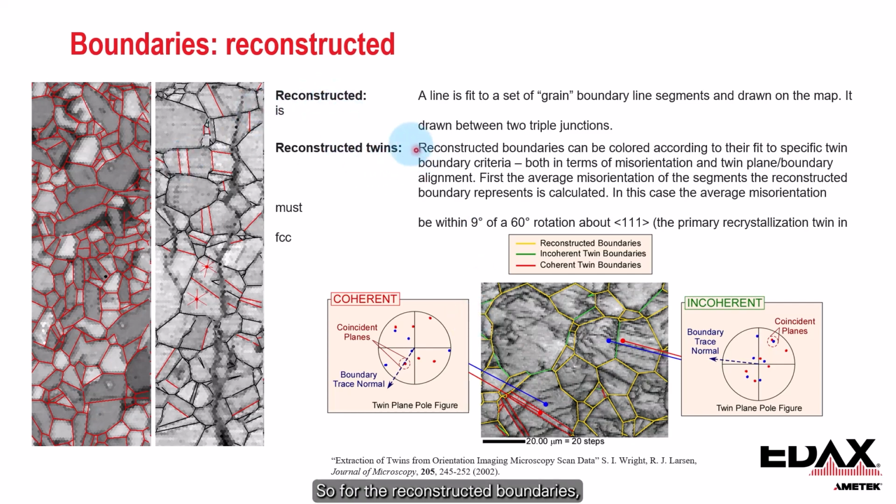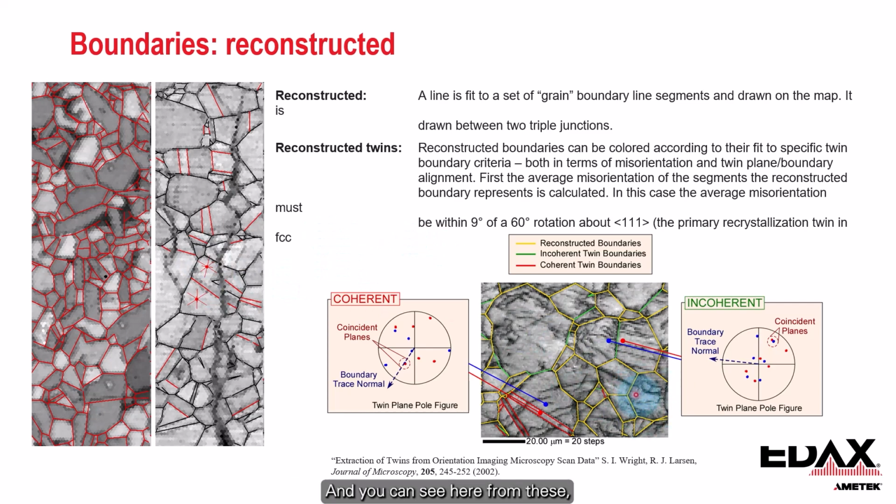For the reconstructed boundaries, we essentially find the triple points, draw a line between the triple points, and whenever the line deviates too much, we break it into smaller segments. Reconstructed twins follow the same thing, but we can also look at the misorientation relationship as well as the twin boundary plane alignment rules to enforce if we think a reconstructed boundary is a twin boundary.